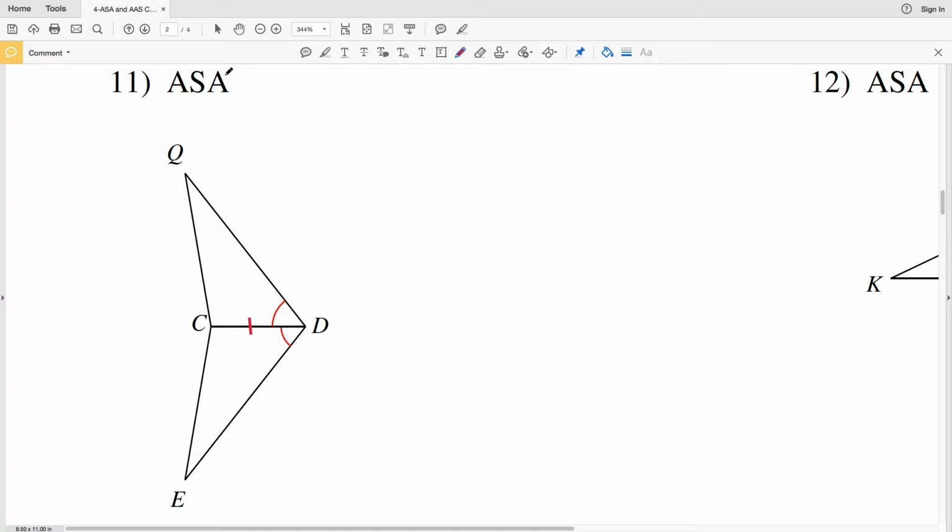And since we're looking at the included side, the other angles that have to be congruent also have to touch that side. So this angle here must be congruent to this angle. That will give us angle side angle. Therefore, in order for number 11 to be true, we need angle ECD to be congruent to angle QCD.